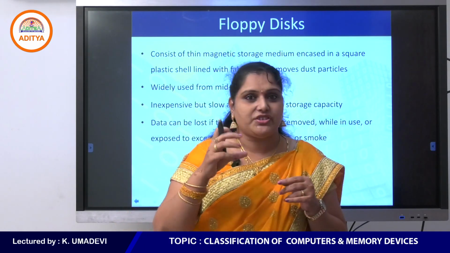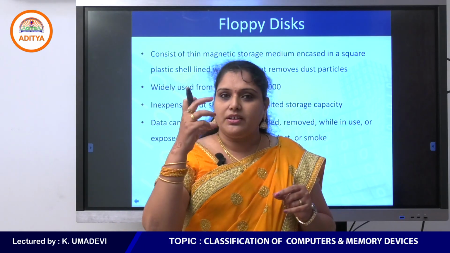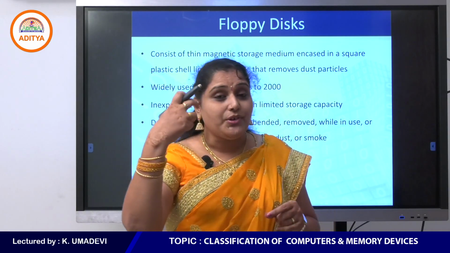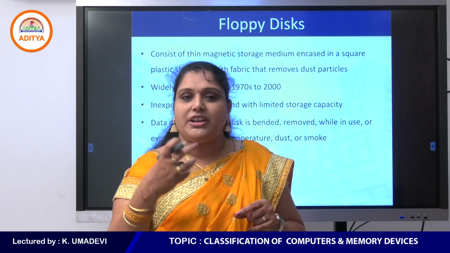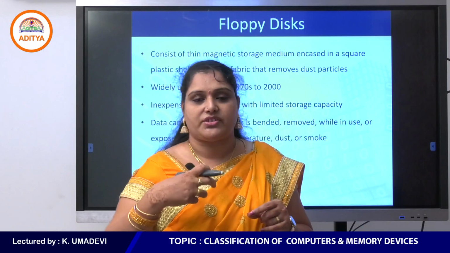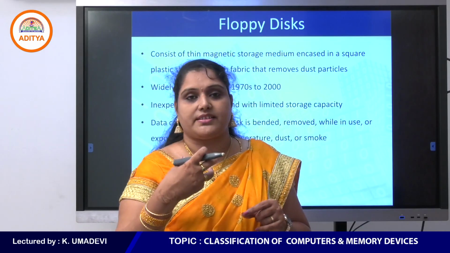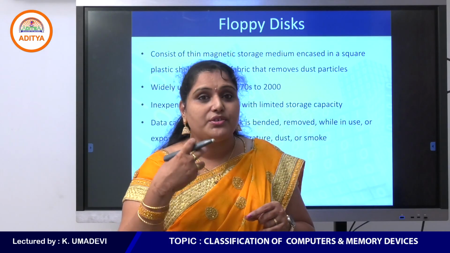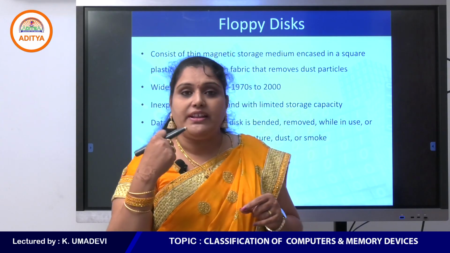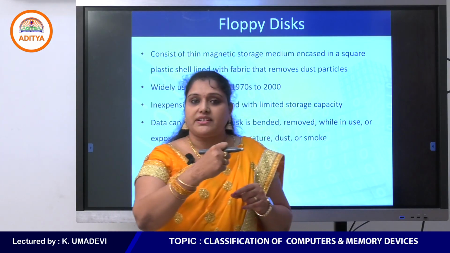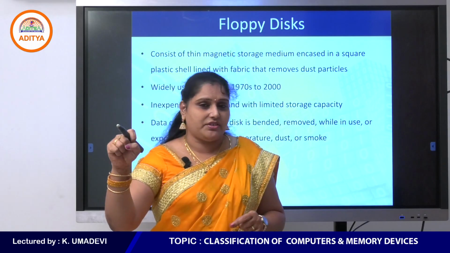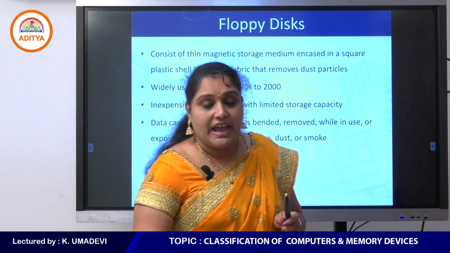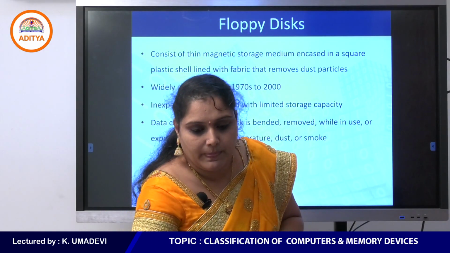That is browser cache. The cache memory stores frequently used data and instructions for faster access. The microprocessor uses cache memory when the required data is available there, rather than regular RAM. Very good.